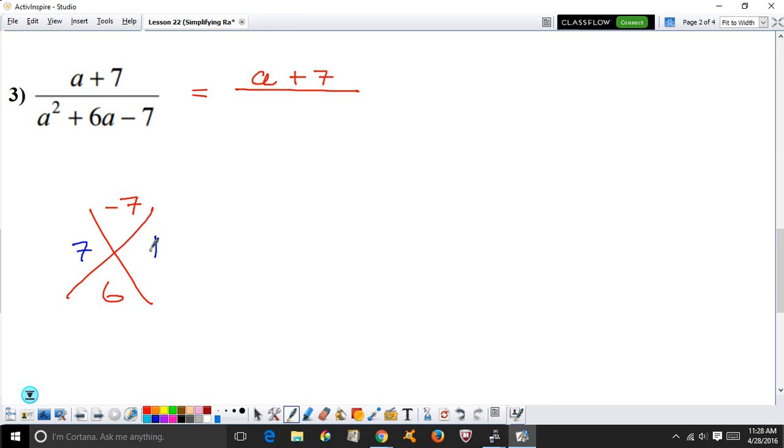So 7 and 1, and the 1 has to be negative because 7 times negative 1 is negative 7. 7 plus negative 1, that is 6. So that means that the denominator, I can rewrite it as a plus 7, a minus 1. Okay, notice that here the a plus 7 will cancel out. So now my final answer is 1 over a minus 1.